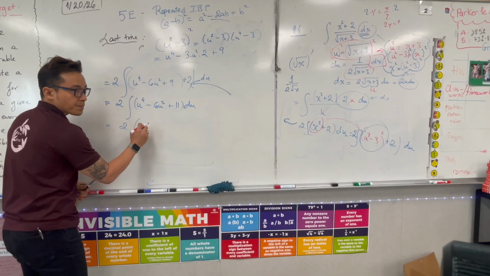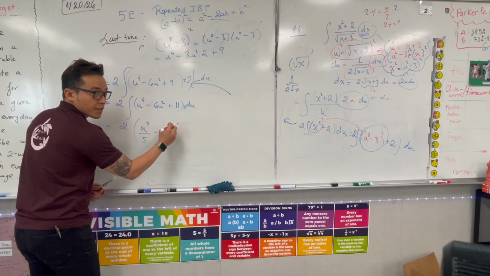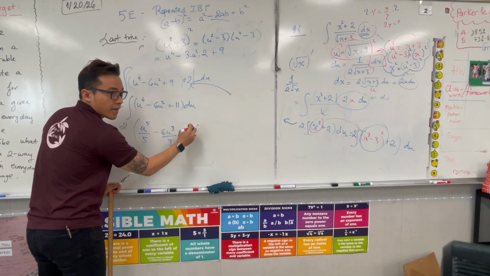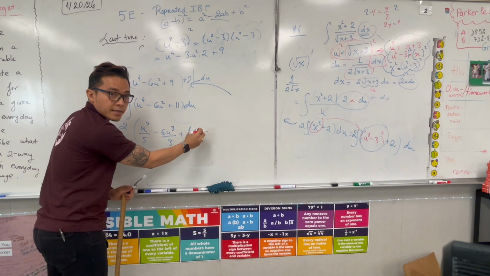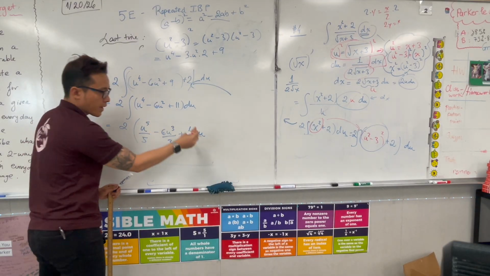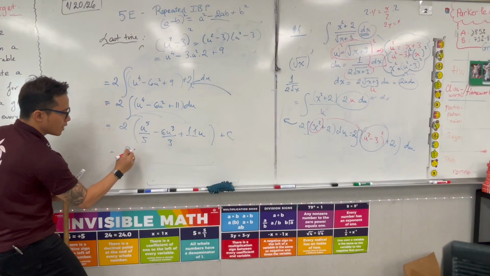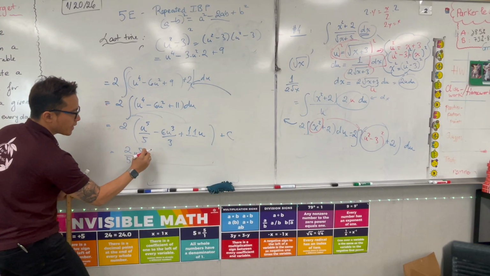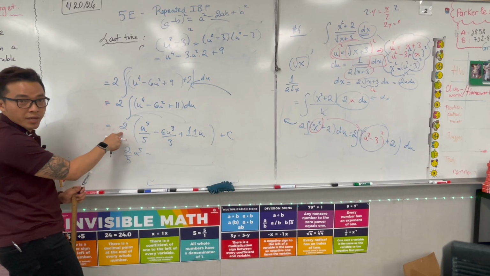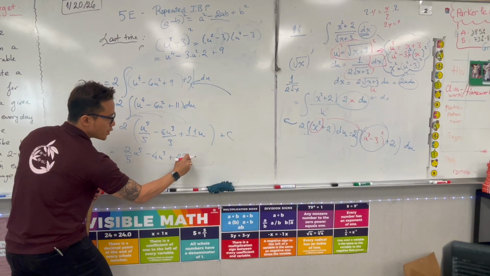It becomes u to the 5th over 5, minus 6 u cubed over 3, plus 11u, the integral of 11, right? Plus c. Now distribute everything. 2 over 5 u to the 5th, minus 6 divided by 3 is 2, and then 2 times 2 is 4. So 4u cubed plus 22u plus c.